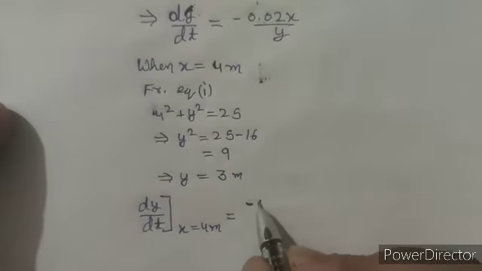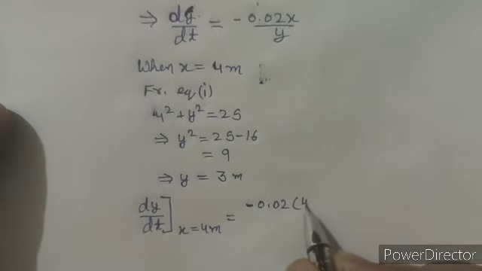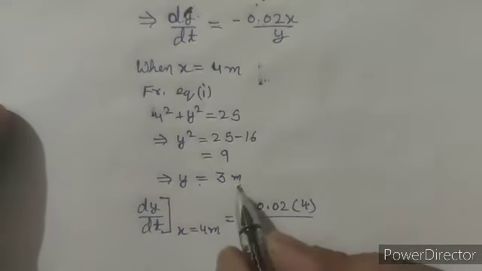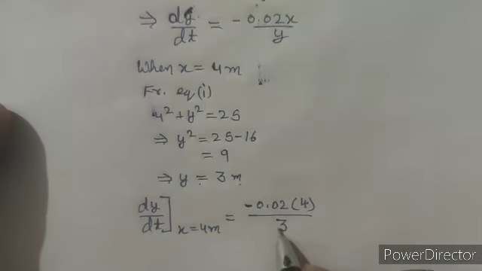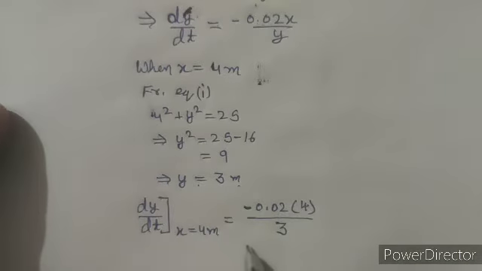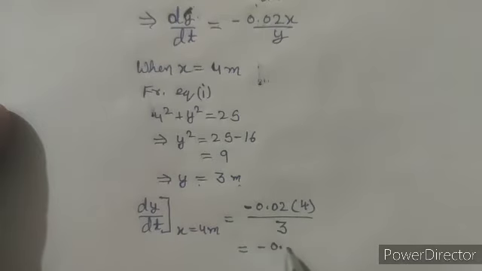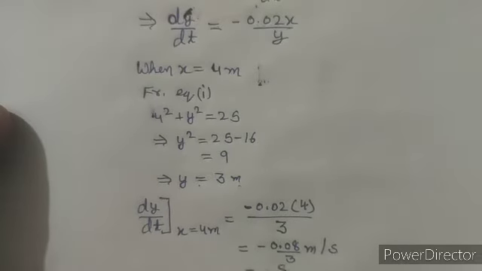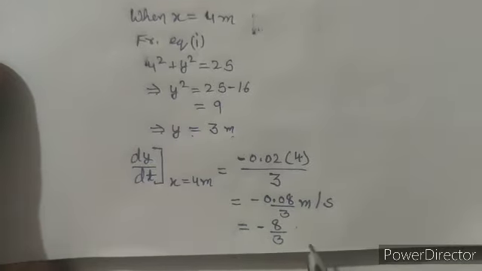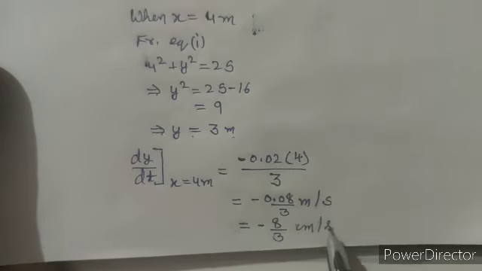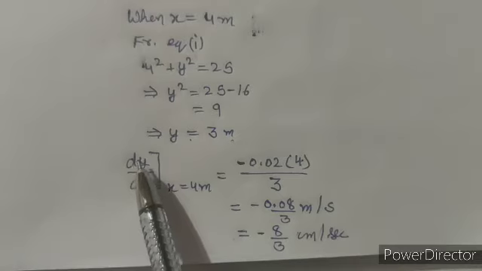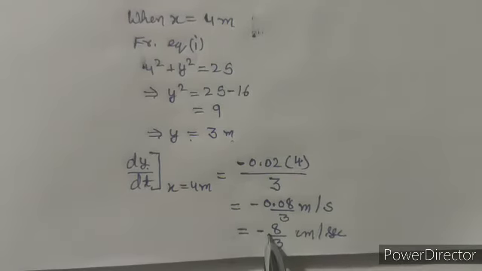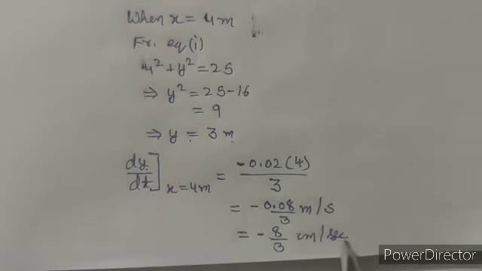So that will be minus 0.02 into 4, and when x was equal to 4, y was 3, upon 3, and that will be equal to minus 0.08 upon 3 meter per second, and this can be converted into centimeter, that will be 8 upon 3 centimeter per second.